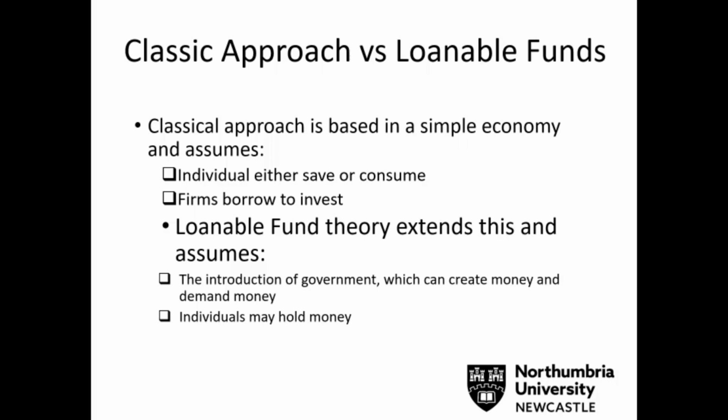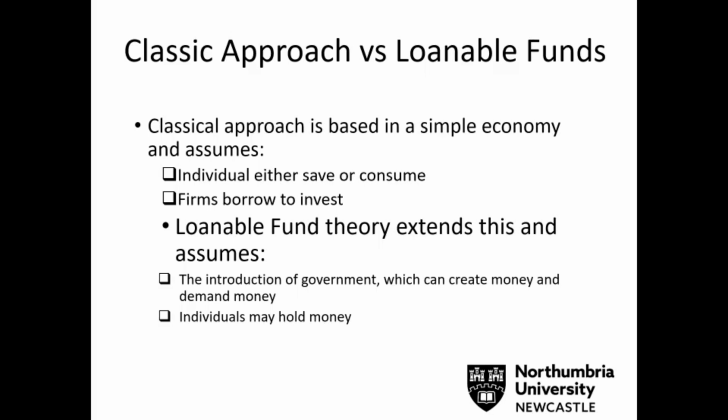But the classical approach is very simple in that when it comes to supply and demand, it just says that individuals either save or they consume. So they either save money or they consume it, and that impacts the level of supply. On the demand side, they just think firms borrow to invest.